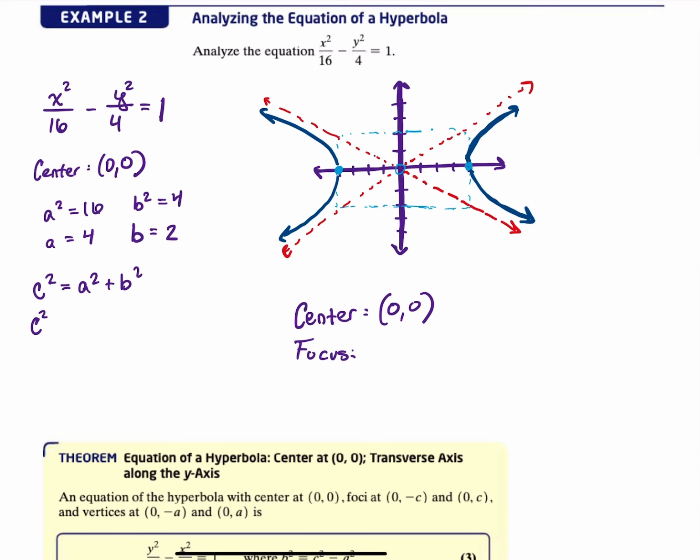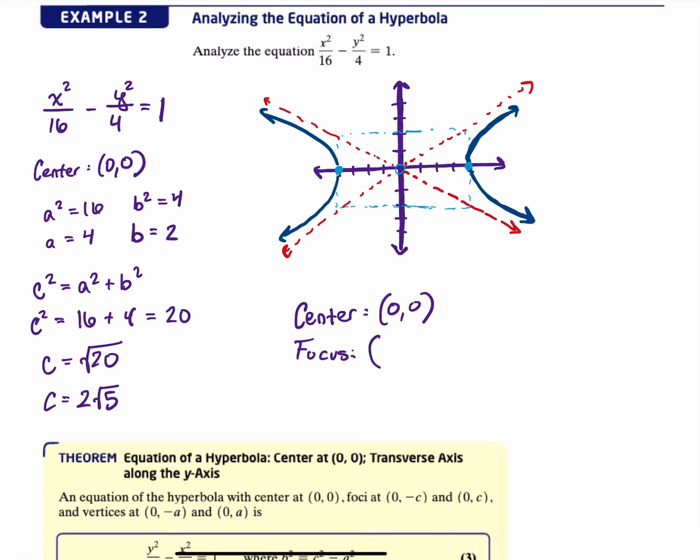That means that c squared will equal 16 plus 4, or 20. That means c would be the square root of 20, which reduces to 2 root 5. So that's the distance we will be, in this case, to the left and right of our center point.